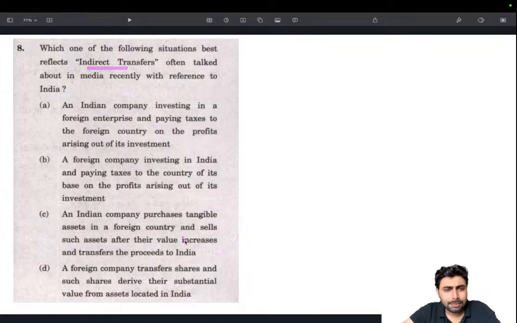This is something else. Anyways, I'm able to eliminate these two, as this is like profit shifting. This is not indirect transfers anyway. But I haven't heard about this particular concept or what this actually means.